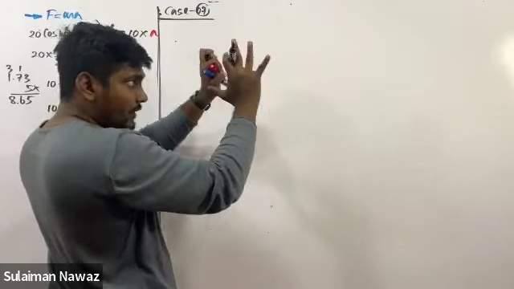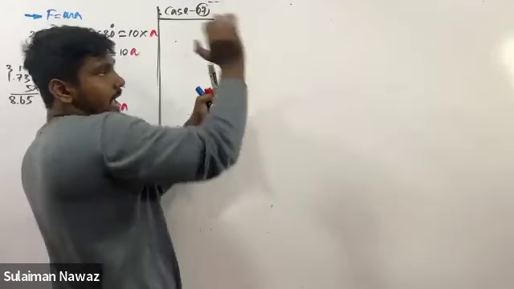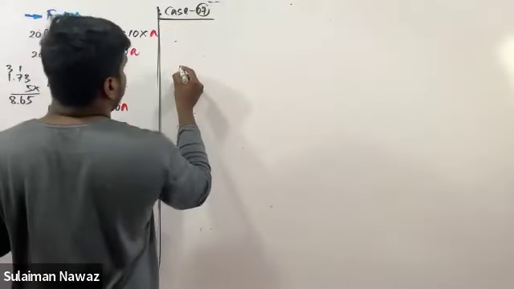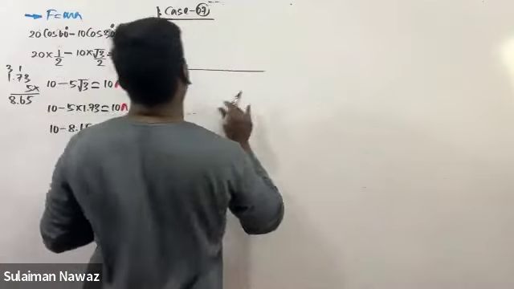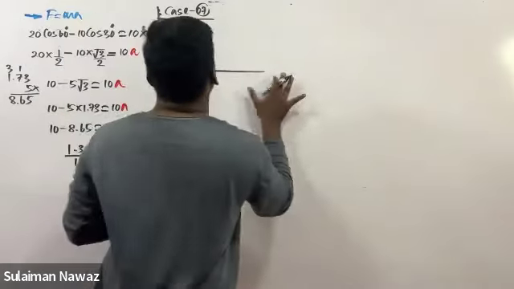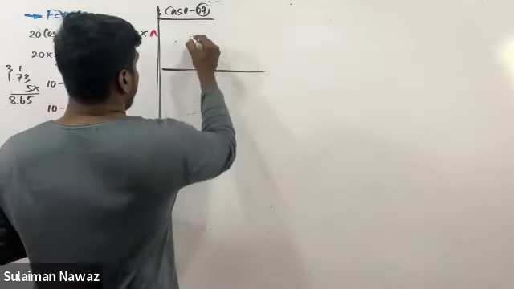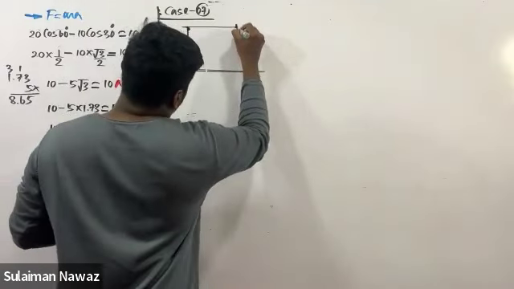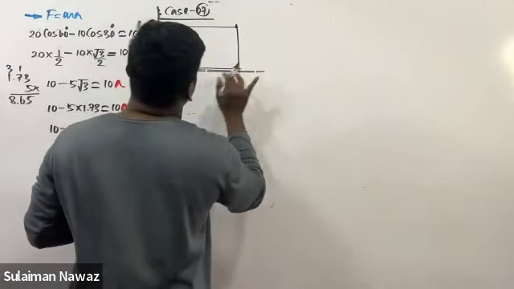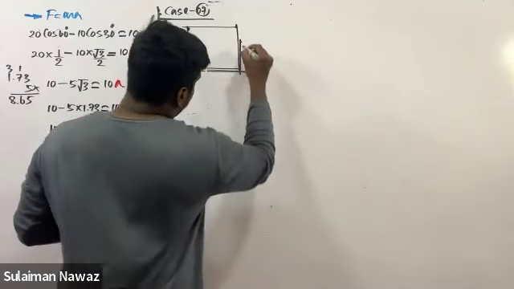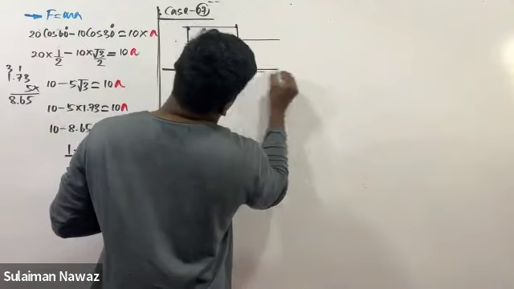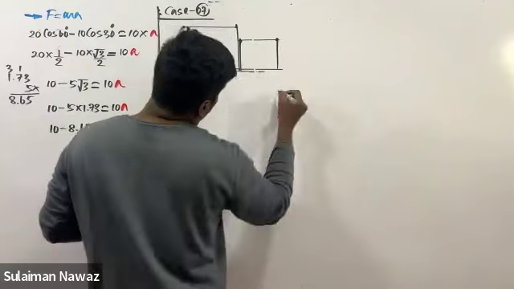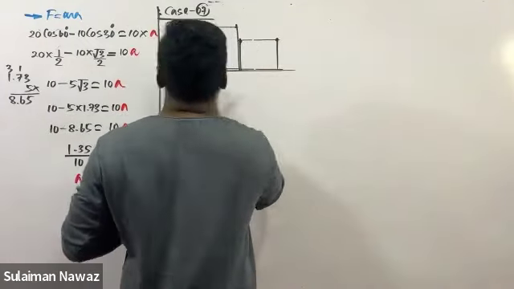So if there are two objects in contact with each other, and when you apply an external force on one of the objects, something in this way, this is your ground. There are two objects. First object, and there is another object, second object. The ground.